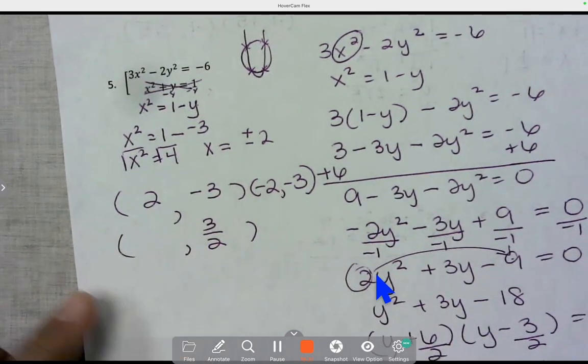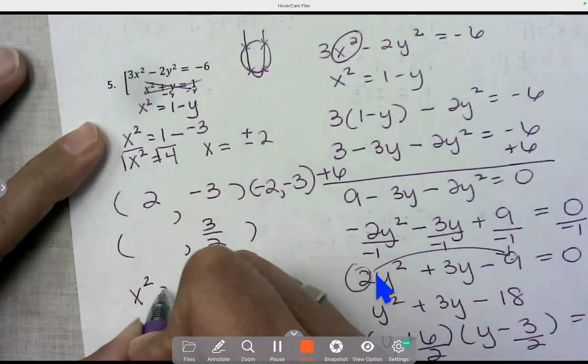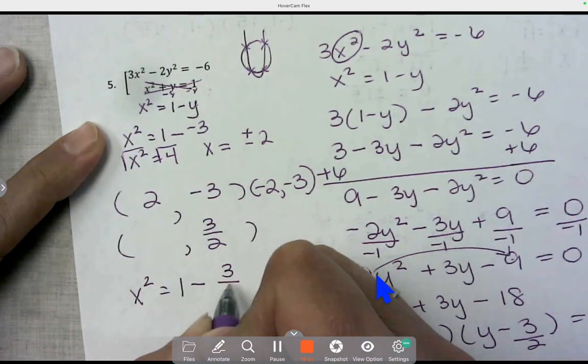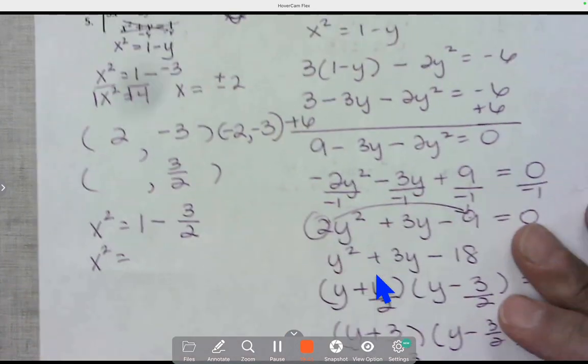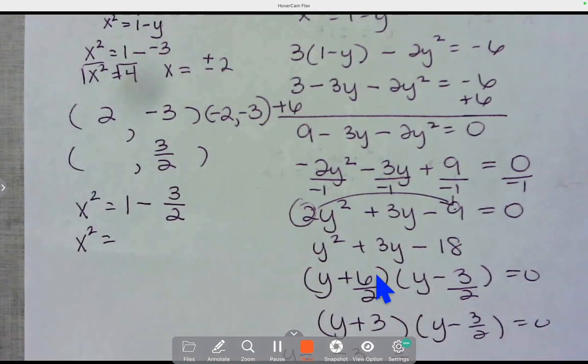Now I'm going to plug in the 3/2. So we have x squared equals 1 minus 3/2. When you put 1 minus 3/2 in the calculator, tell me what you get. Negative what?